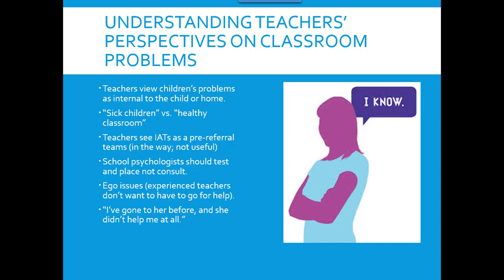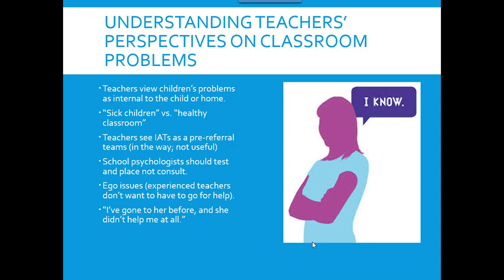All right, so when we're talking to teachers and they come to us and say, I'm having a problem with Jimmy, we have to really think about that from the perspective of the teacher. There's a couple of things that teachers tend to think, accurate or not. Oftentimes, the teacher will assume that the problem belongs to the child and not the system.